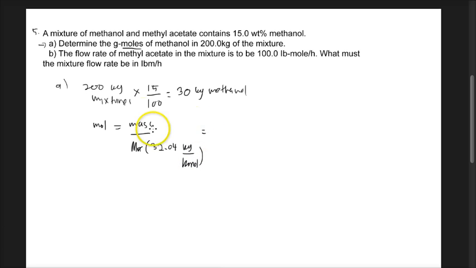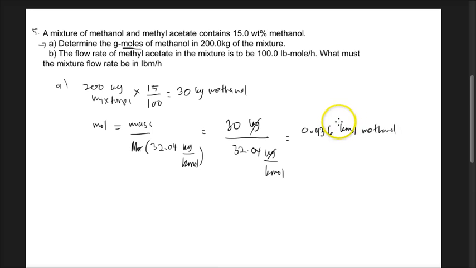To find the moles of methanol in this 200 kilogram mixture, only 30 kilogram of methanol exists, divided by 32.04 kilogram per kilomole. In the end you get about 0.936 kilomole of methanol.